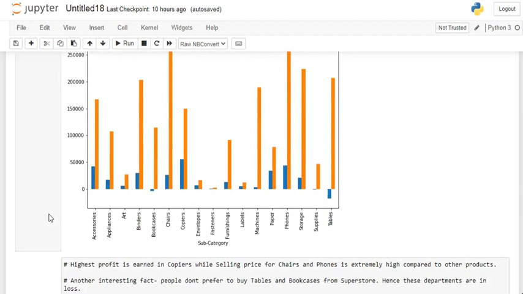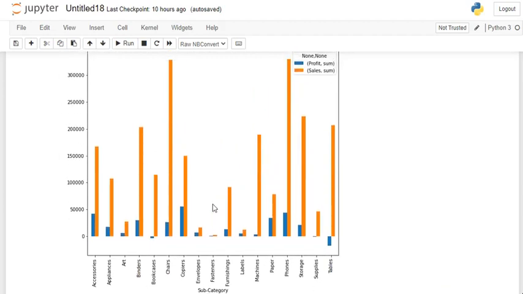So it is the subcategory from accessories to tables. The blue line represents the sum of profit, and the orange line represents sales.